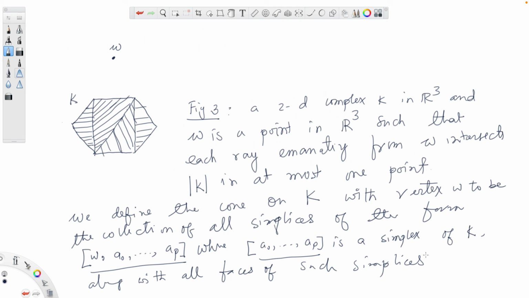It's the collection of all simplices of this form and all the faces of such simplices. Okay, so if we take all of these simplices and their faces together, the collection is called the cone on K. We denote this collection by W star K.